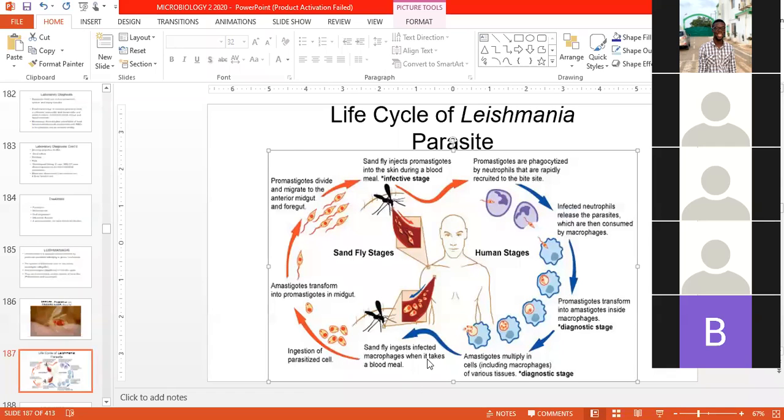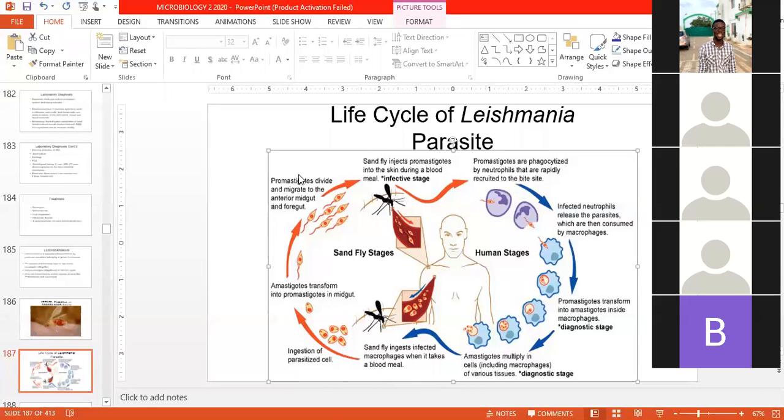Okay. So another fly comes for a blood meal and picks up the amastigote. Then within the gut of the sandfly, the amastigote gets its flagella back.